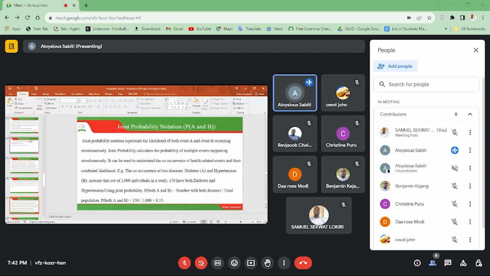For example, we're saying the co-occurrence of two diseases: let us say 1,000 individuals in a study, 150 have both diabetes and hypertension.